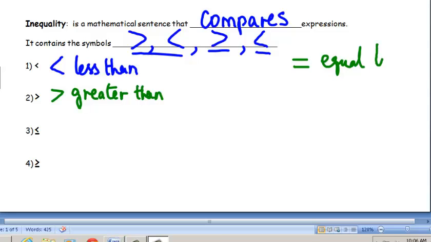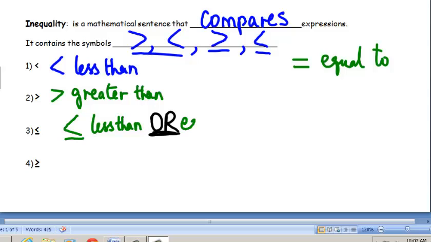Now, take a look at 3 and 4. 3 has less than. Now, the way this is said, let me say this again. This is said as less than or equal to. Not and, but or.